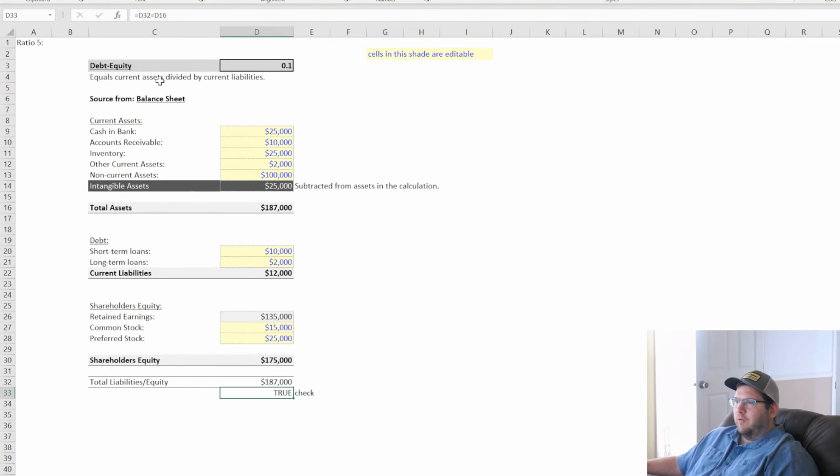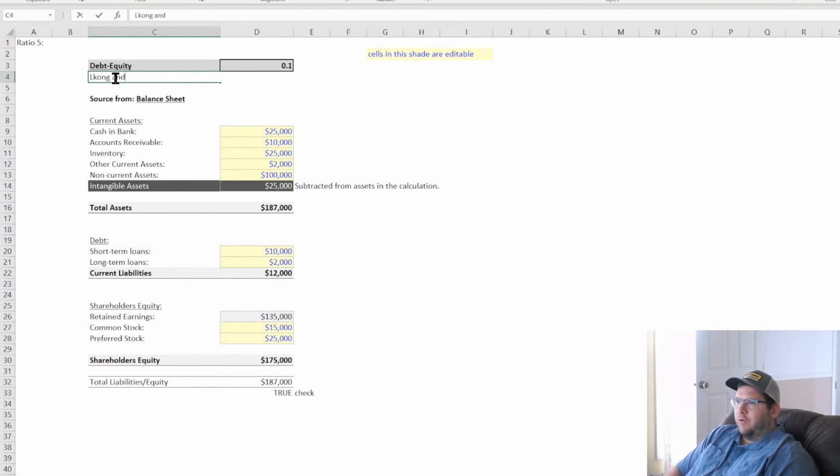So when we go here, I'm going to say debt to equity. Long and short term.